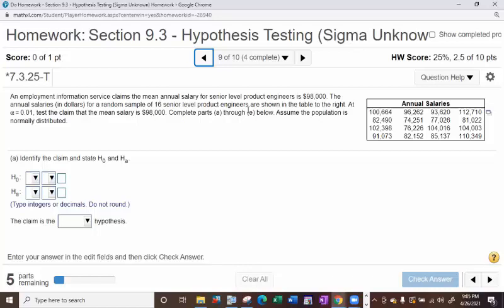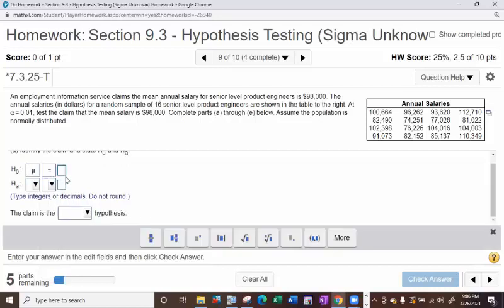Oh, this was interesting. It's asking about the claim is which hypothesis. I like that. Let's see, what do we got? Mu is 98,000. The null will be mu equal 98,000.